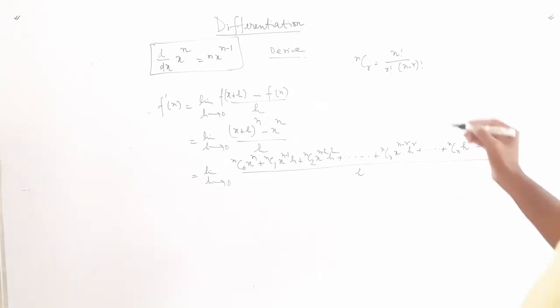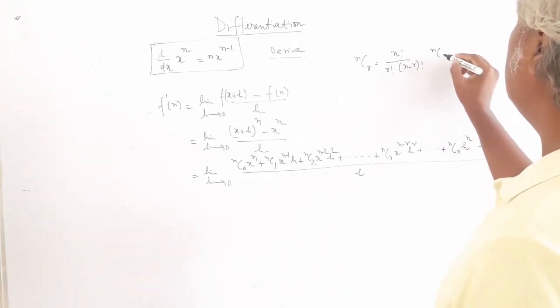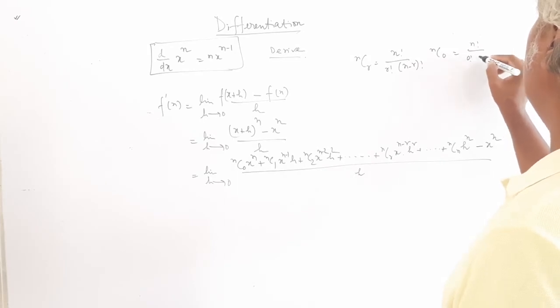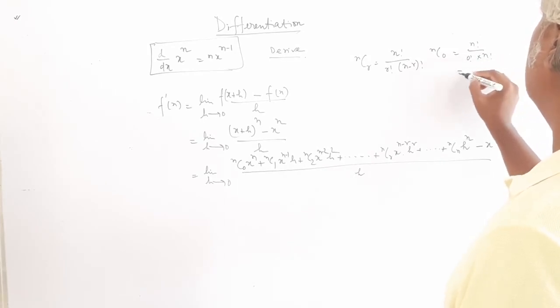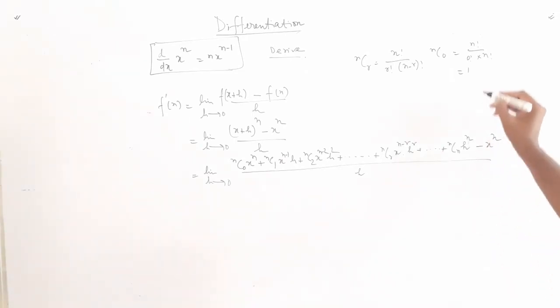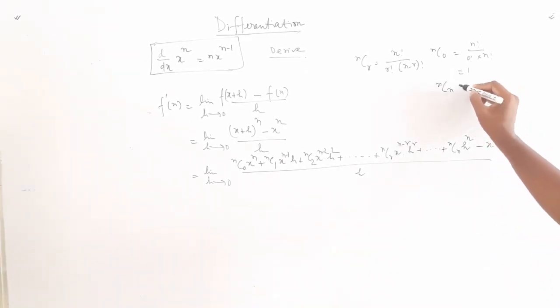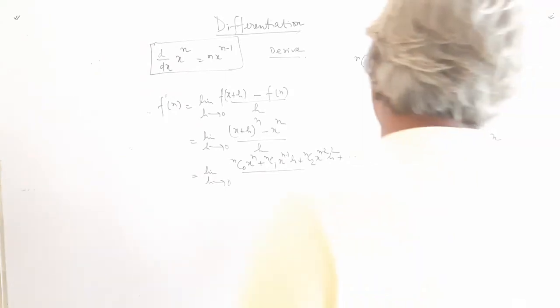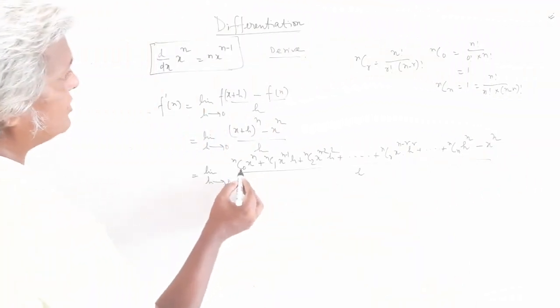So nC0 will be n factorial over 0 factorial into n factorial, that is 1, because 0 factorial is also 1. So this nC0 and nCn will also have value 1. Same reason, n factorial over n factorial into n minus n factorial, that is 0 factorial. So these two numbers are same. So what I say is that here nC0 is 1.